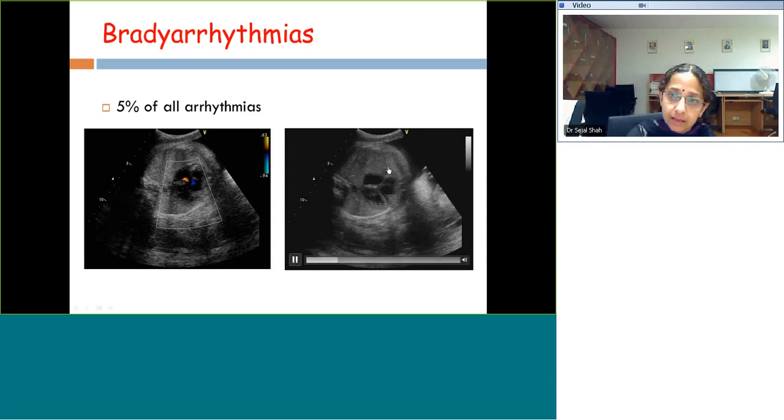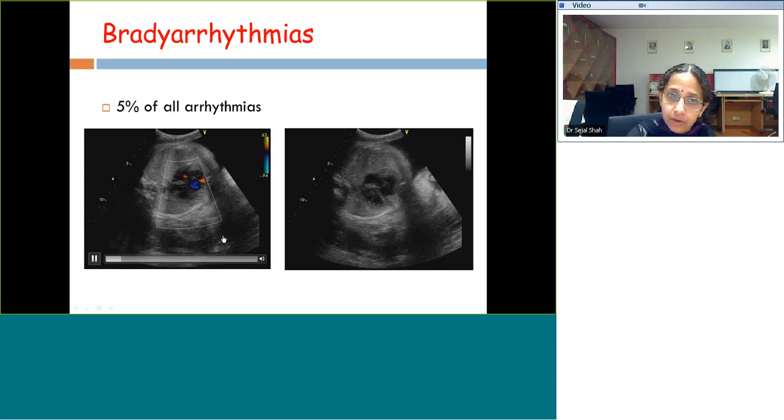The heart is a little bigger. There is some cardiomegaly. And on Doppler, can we see some AV valve regurgitation? So this is tricuspid regurgitation, which is more than mild. And the heart rate is on the lesser side.